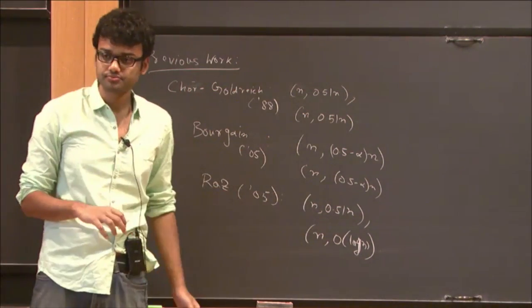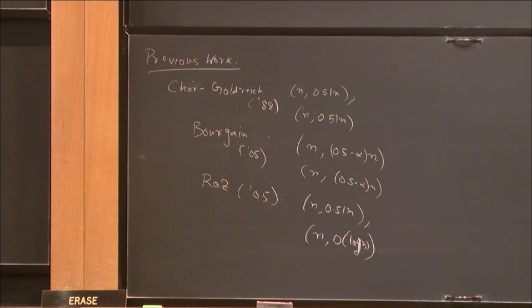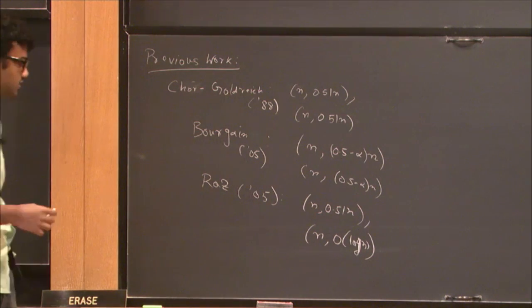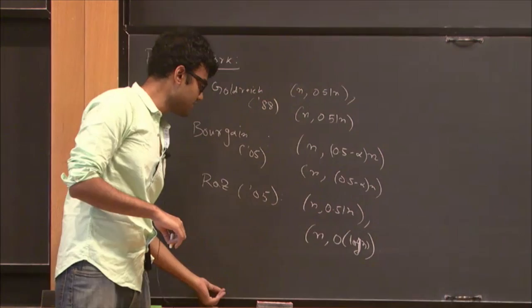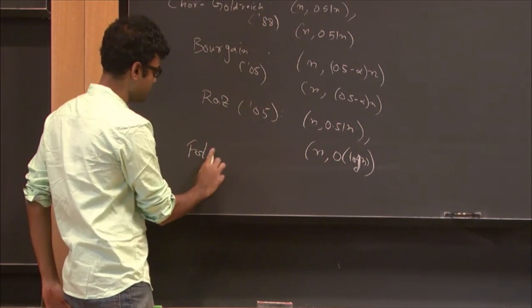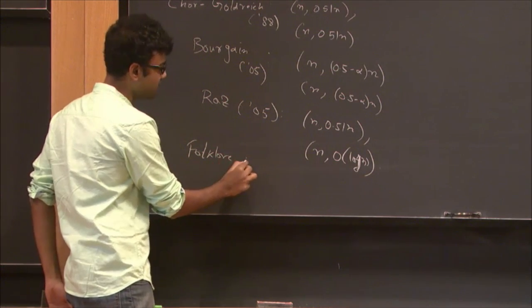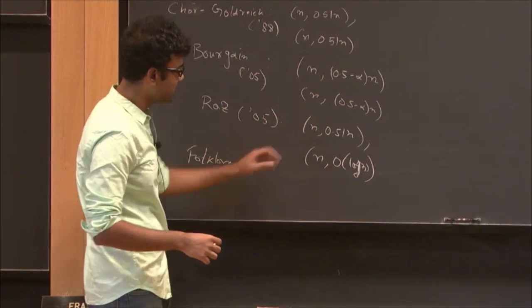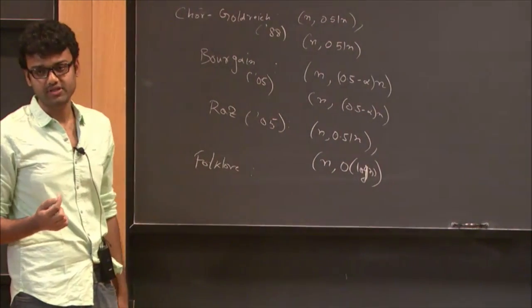What are the parameters of this folklore result? It's essentially these parameters, but it outputs just one bit.